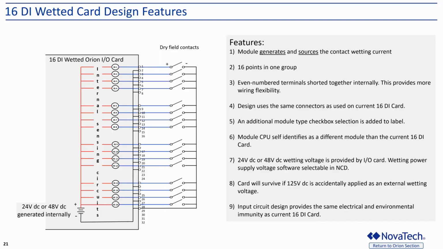That's generated internally by the Orion I/O. The voltage range is software selectable. The card can survive 125 volts DC if it's accidentally applied as an external wetting voltage. And this is a group of 16 statuses on that card.